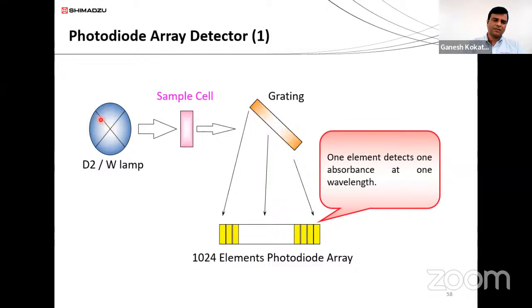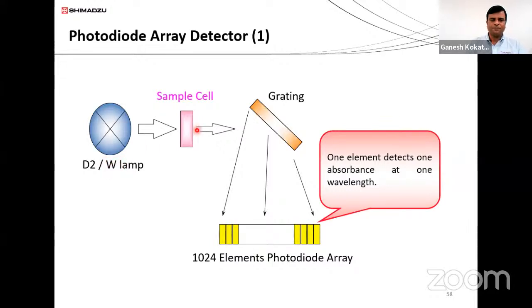So this is the sample cell. Normally, the sample passes through the sample cell. We call it a flow cell, and we keep the flow cell near the D2 lamp. As rays pass from the D2 or W2 lamp, the D2 works in the range of 190 to 400, and the W works in the range from 380 to 800.